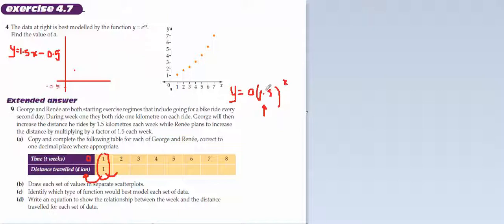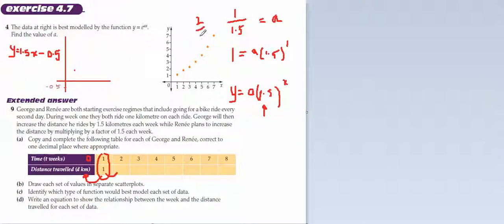Now I could work it out, because I know that my multiplier here is x, and I know that at 1 this equals a times 1.5 to the power of 1, which means that a equals 1 divided by 1.5. 1.5 is 3 on 2, therefore 1 over 3 on 2 is 2 on 3.